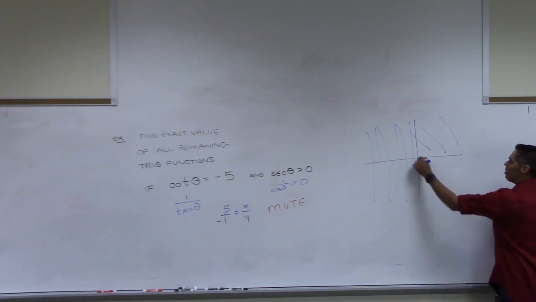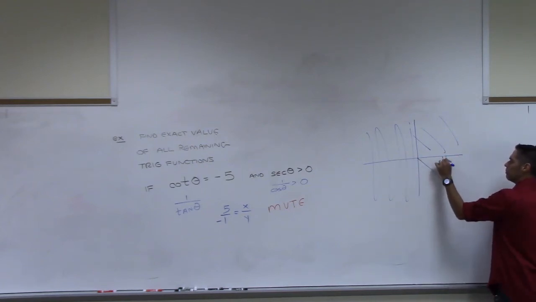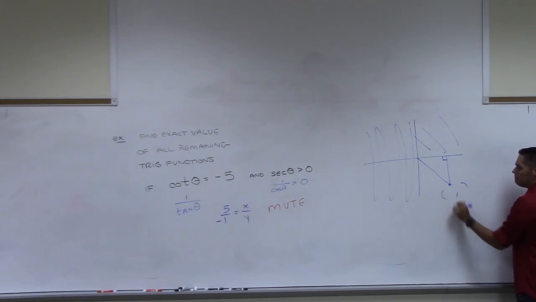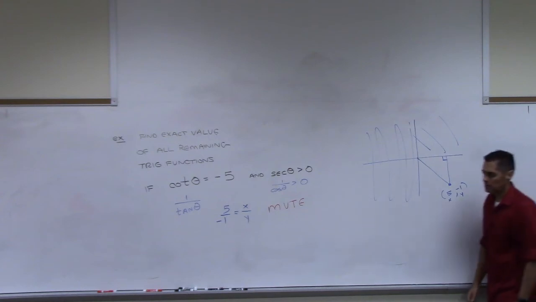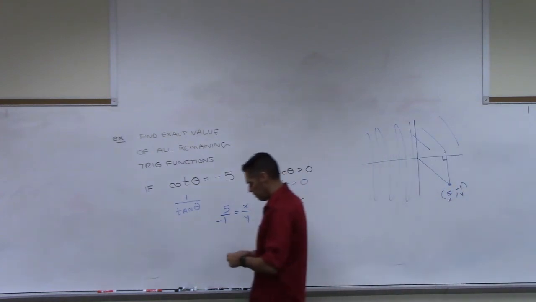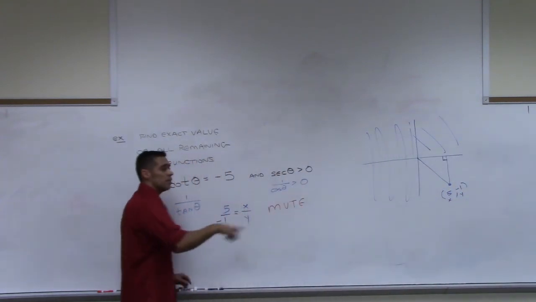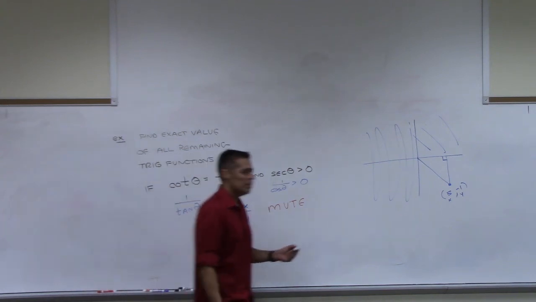All right, so now I just draw my triangle here. What is the point again? 5, negative 1. That's your x, that's your y. Now what? Okay, so use your Pythagorean, you're going to go get r now, right? That's the only thing you're missing is r.